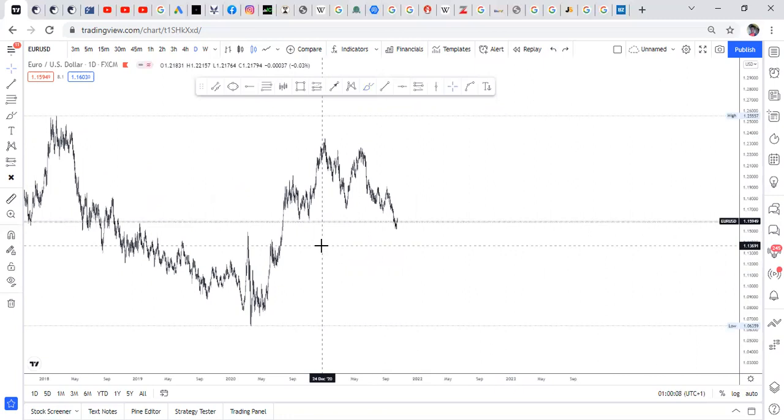Now, some of you will say, okay, so I can't make money just trading technicals. No, not at all. I'm not saying that. You can make a whole lot of money trading just technicals, but you have to have at the back of your mind that this is not what drives the market. So in trading technicals, you need to have at least a glimpse of understanding of the fundamental aspect of things.